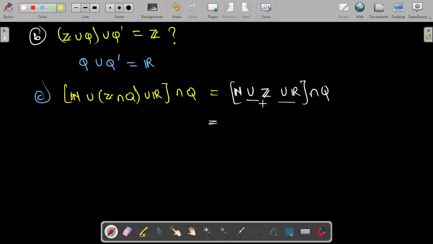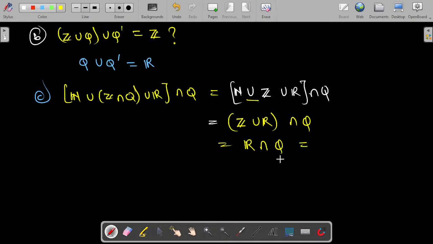So let's assume I start with the first two. N union Z will be Z because Z is bigger than N. Then finally union R, then intersection Q. So now what is Z union R? R is bigger than Z, so it will be R, then intersection Q. Finally, Q is smaller than R. Once you see intersection, you are looking for the smaller one, and once you see union, you are looking for the bigger one.